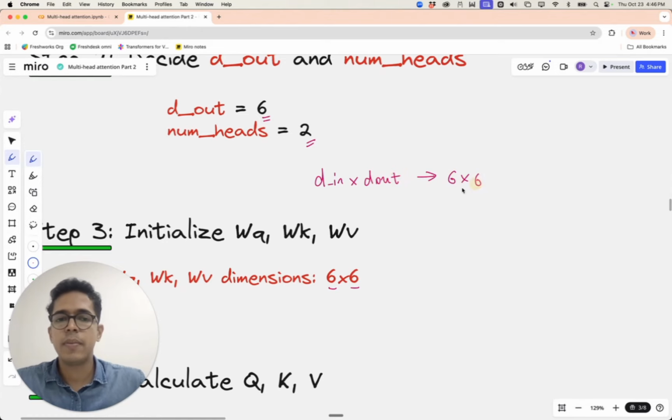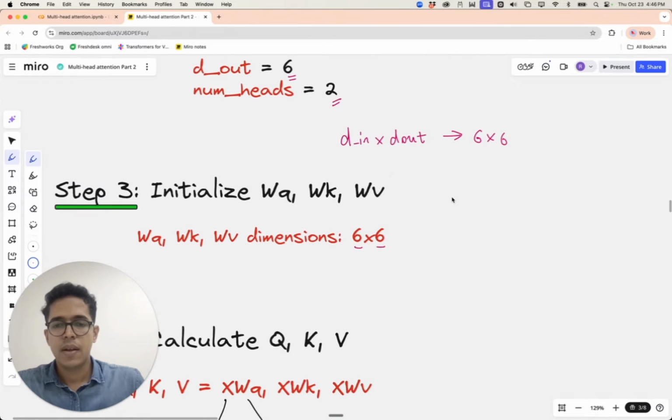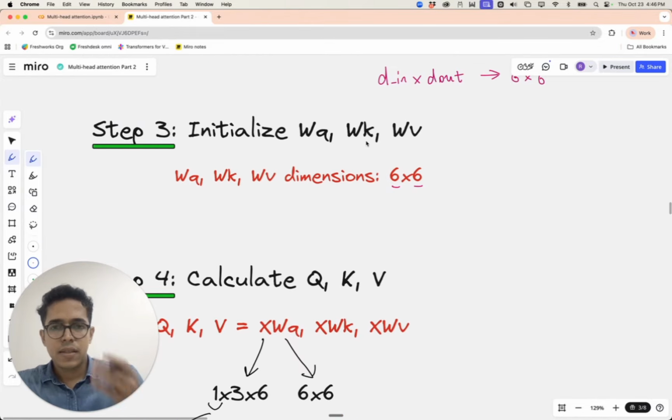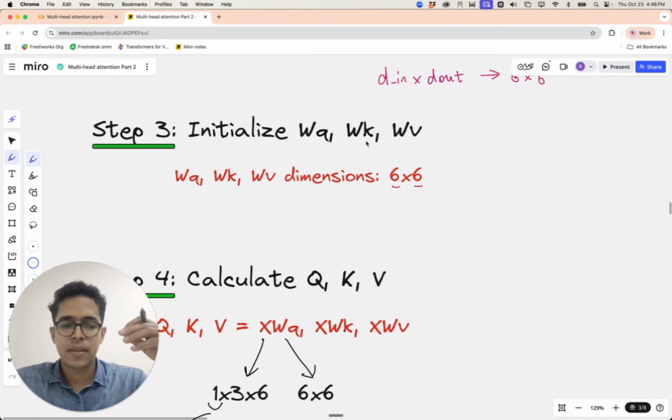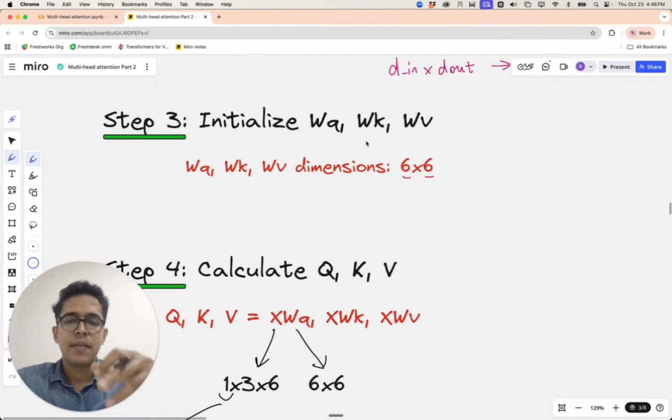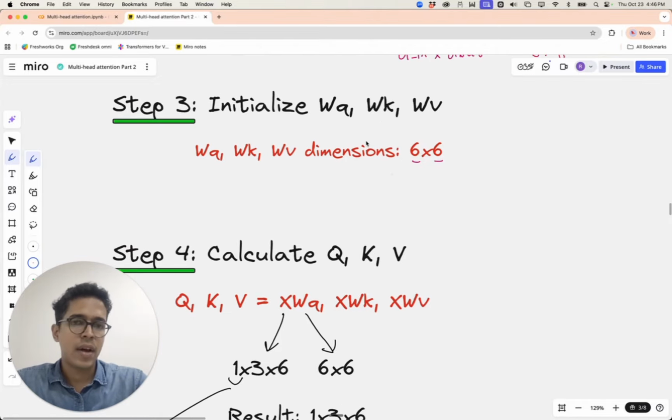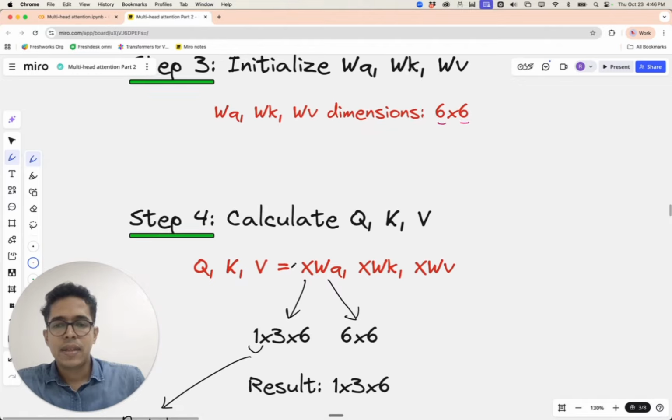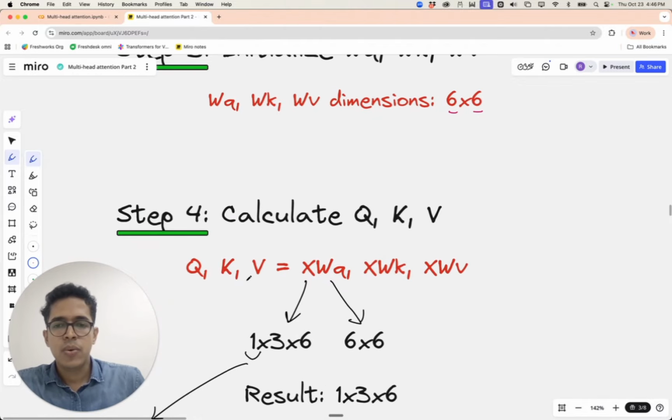So each of them will be 6 by 6. For the purpose of this demonstration, we can initialize these weight matrices as random matrices. And then we can calculate query, key, and value. Query is nothing but X multiplied by WQ. Key is X multiplied by WK. Value is X multiplied by WV.